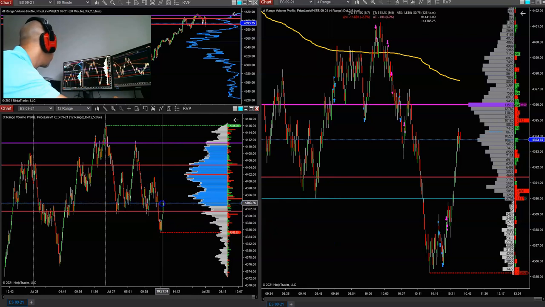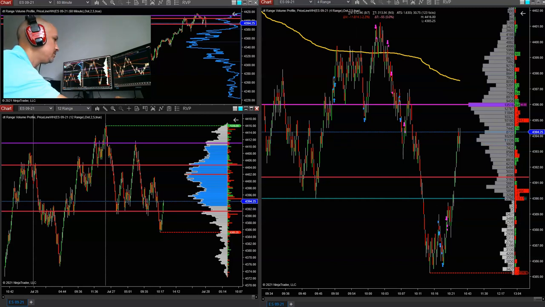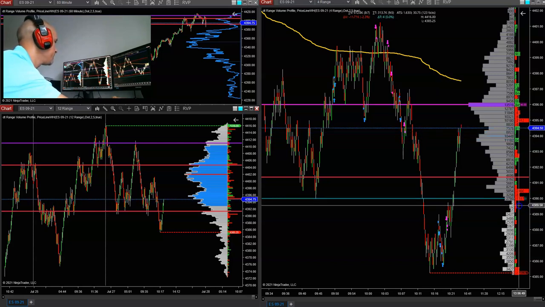And it could possibly reject right here where it's at now at 43.94 area. So let's see what happens here. Let's see if I can get into a trade here on the short side and show you an example.